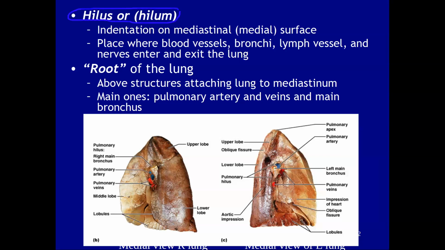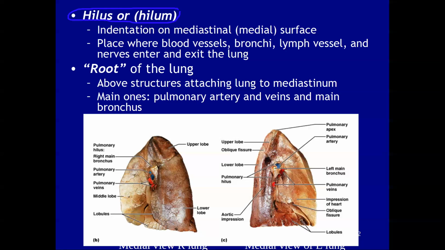Here's the reason for it. The hilum is a specialized area of an organ where the major vessels enter and leave. So pretty much any organ that has a specialized area for allowing the vessels to enter or leave, that area will be called the hilum or hilus, okay?